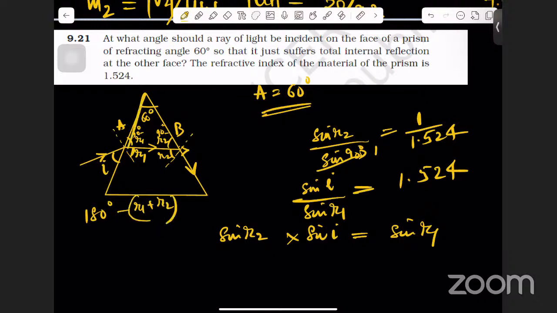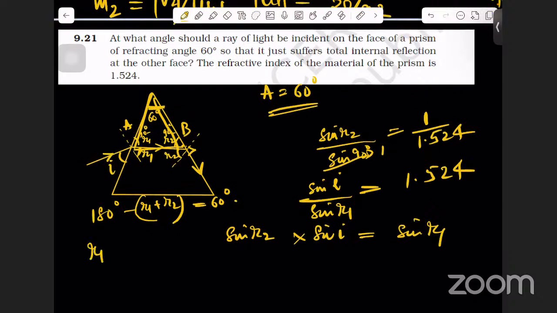And if you consider this triangle, 180 minus R1 plus R2 is this angle, right? So this is 60 degrees. Okay. So 180 minus the sum of the other angles would be the other angle, right?